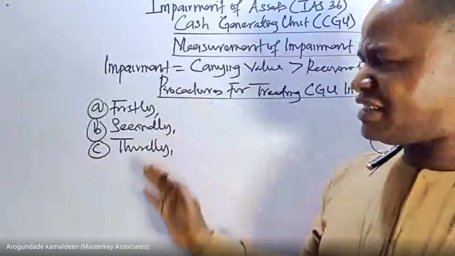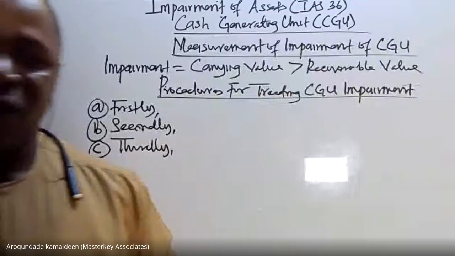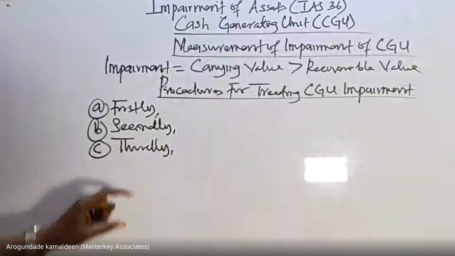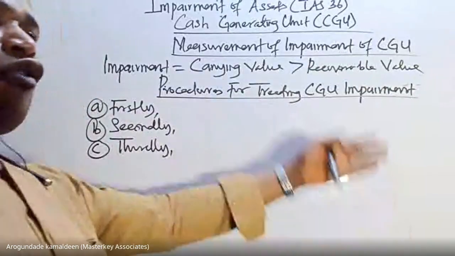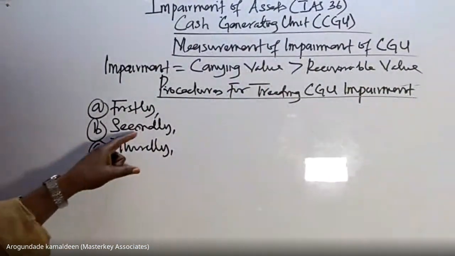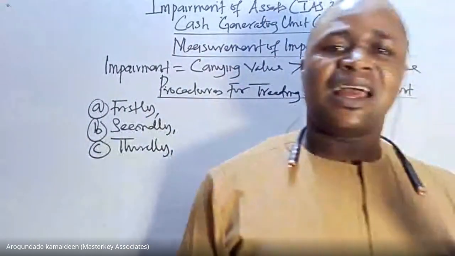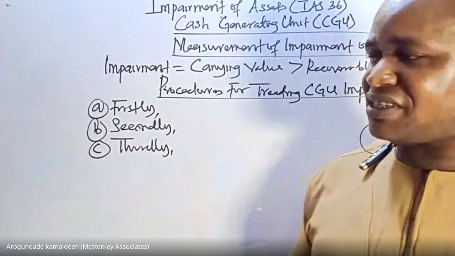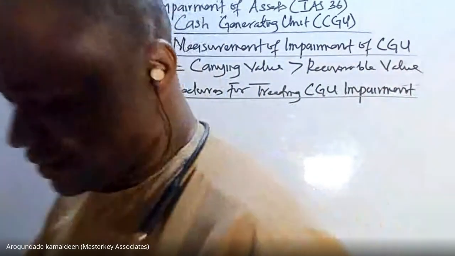Is that clear? These are the three procedures. However, if there is no damaged asset, then your first step would be to allocate to the goodwill. After the goodwill, if you still have any, you now prorate on the remaining assets.